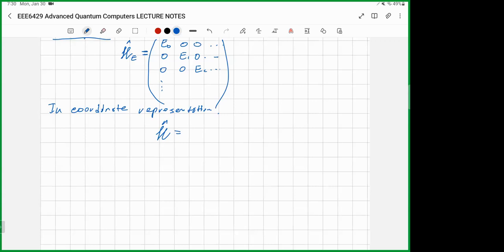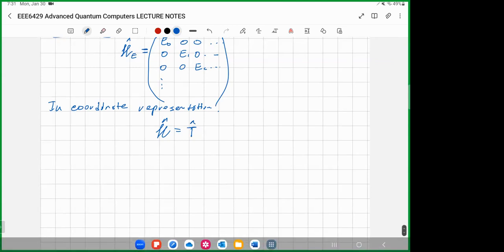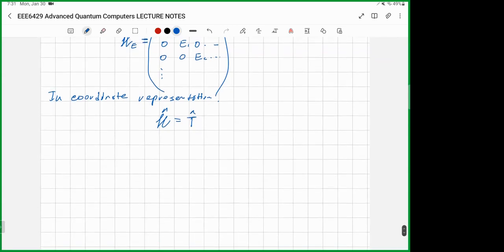And in quantum mechanics, this kinetic energy is represented by the operator of kinetic energy, which depends on momentum, and the operator of potential energy, which is another operator. It depends on the coordinate in a system and in general on time.